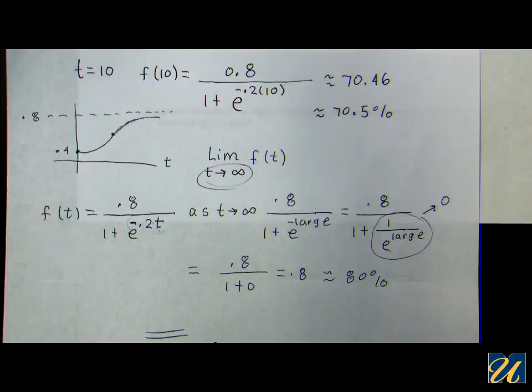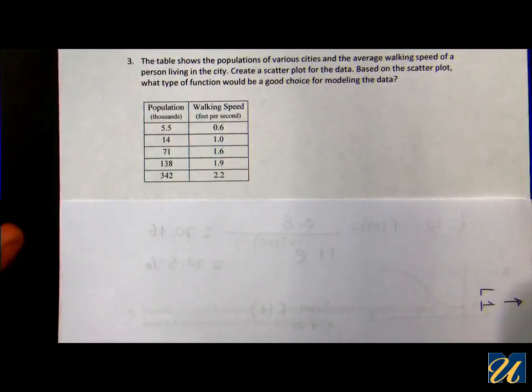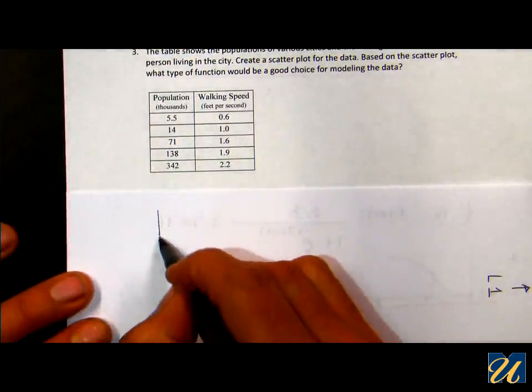Let's take a look at the next problem. This is the table, as discussed in the PowerPoint slide, showing various walking speeds of people. And we plotted the graph in the PowerPoint.